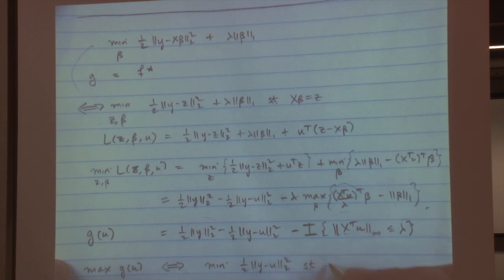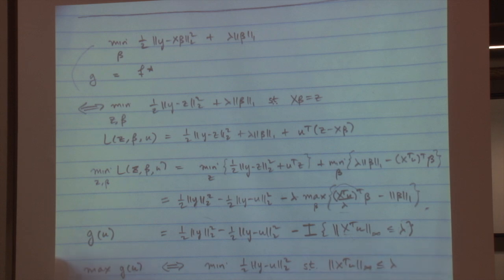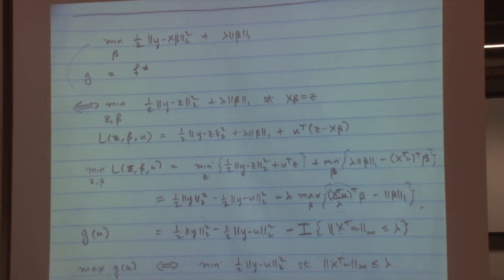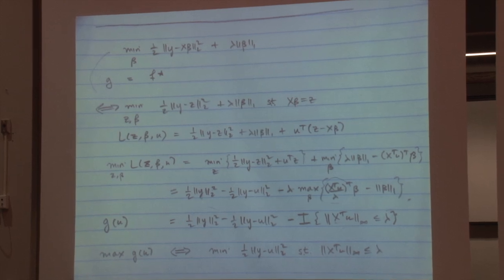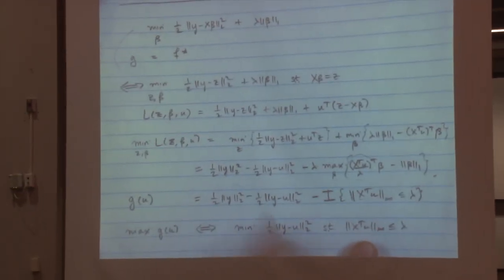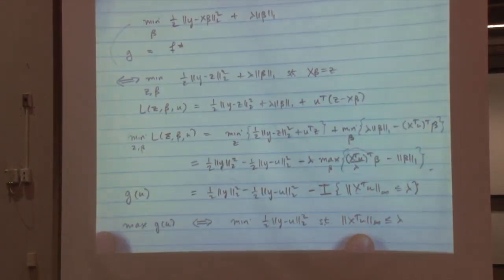That's all this ends up adding as a constraint. So there we go. We derived the lasso dual. We didn't have to do much work either, right? This is the lasso dual. That's the lasso's original problem.